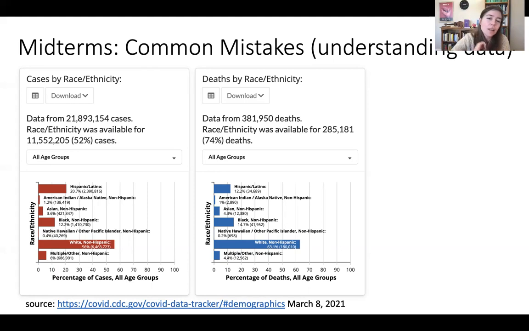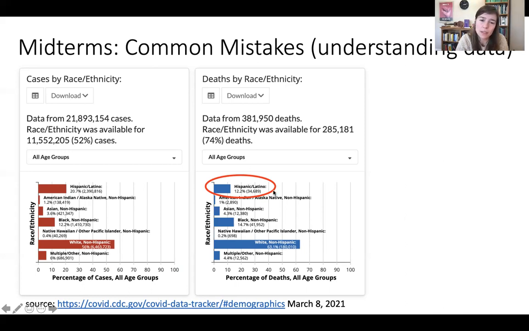Let me show you a common mistake that students who did the COVID and criminal justice topic made. Let's look at these numbers for the Hispanic and Latino population, in the deaths by race and ethnicity category.